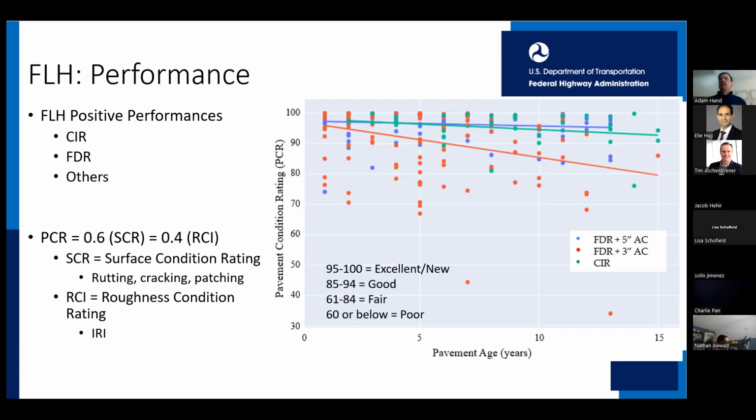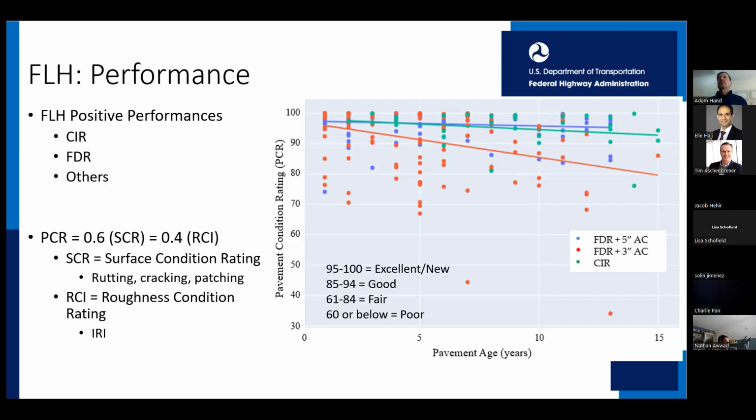There are 3 lines. If you're colorblind, the bottom one is red, and that's FDR with 3 inches of AC on it. The top line is FDR with 5 inches of AC, and that's the blue dots. And then the middle one is CIR.